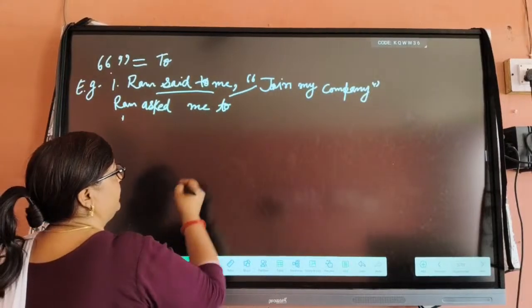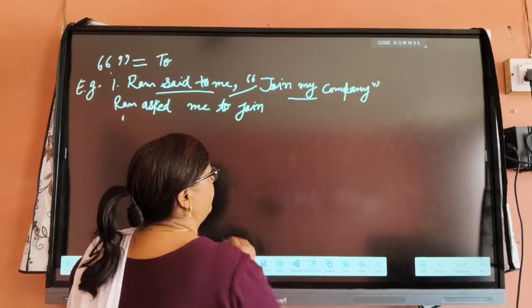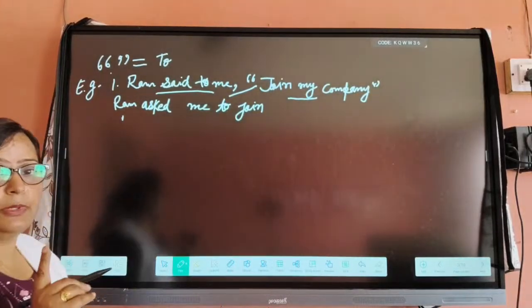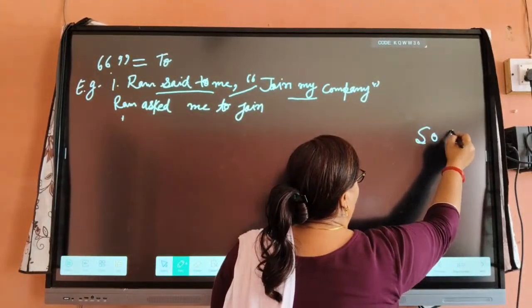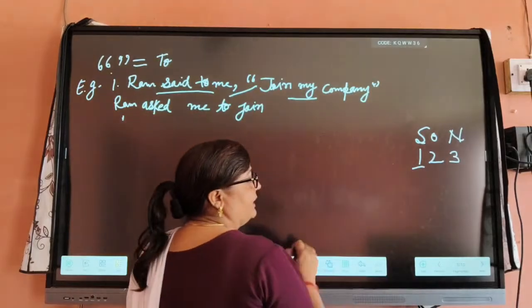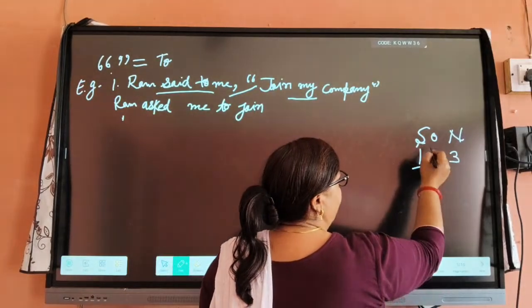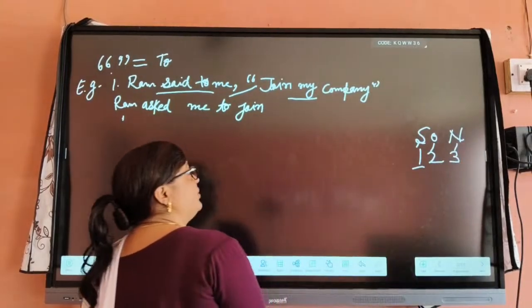Ram asked me to join. Now here is my. My is first person. We all know S-O-N, 1, 2, 3. First person will change according to our subject. Second person will change according to our object. And third person has no change.